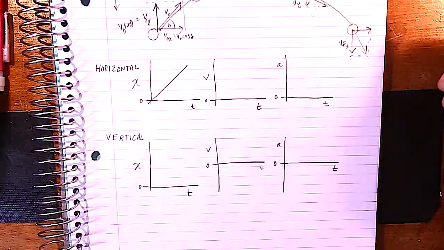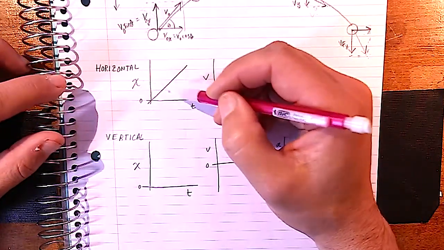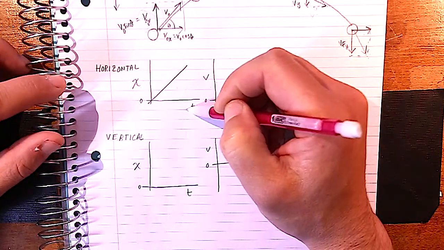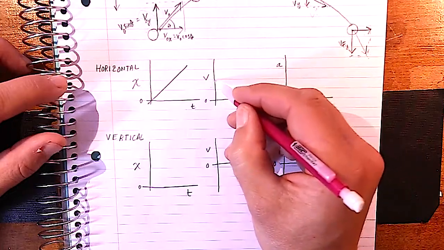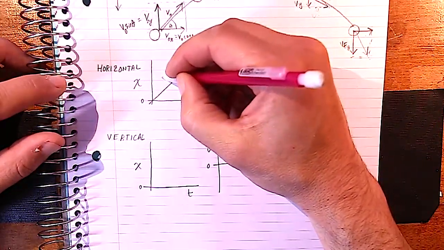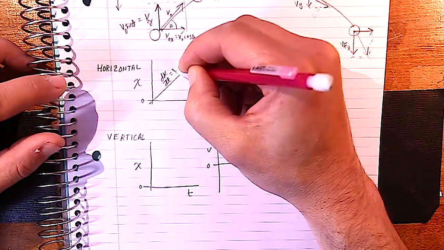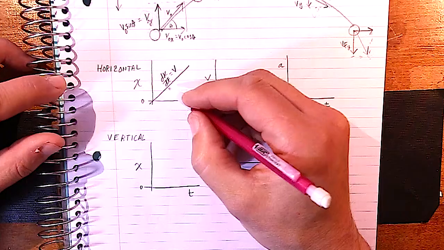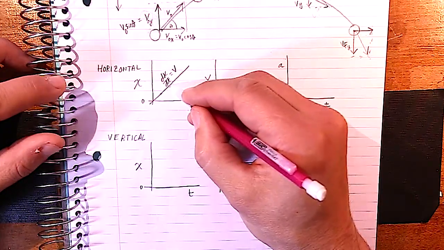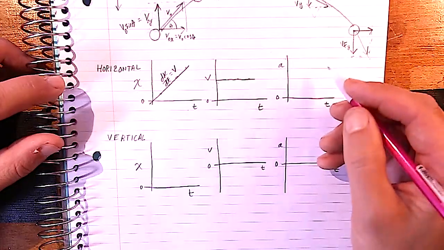Well, we're going to go over this in detail, but for right now, the position versus time graph, the slope is the velocity. So we have dx dt, that is our instantaneous velocity. And because this slope is constant, our velocity is constant.